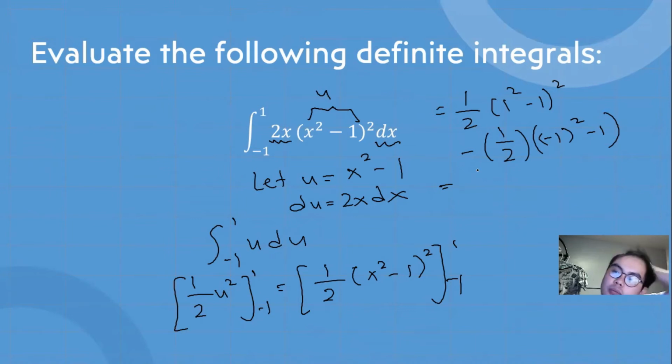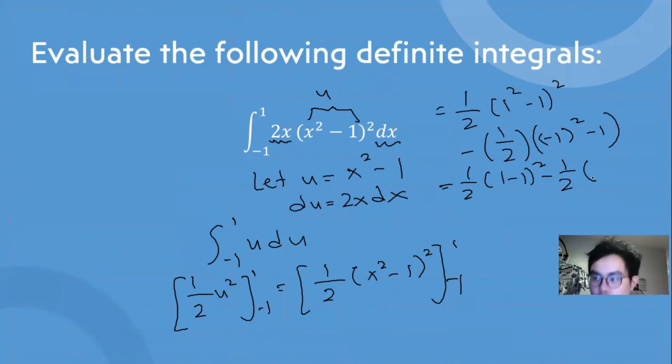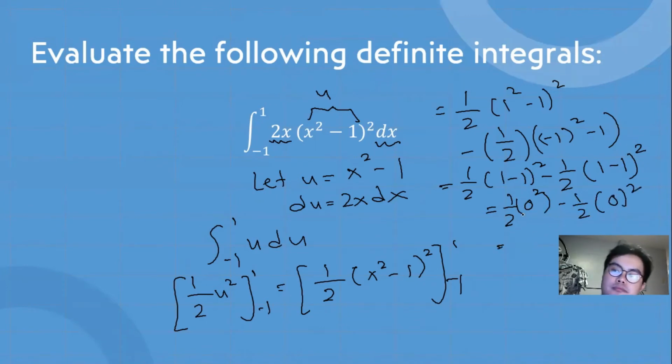So, it will become 1 half, then 1 minus 1 squared, minus 1 half, then 1 minus 1 squared. So, simplifying inside the parentheses, it will become 0 squared, then 1 half, then 0 squared. So, it will become 0 na siya, minus 0 equals 0. So, this is the answer for this definite integral.